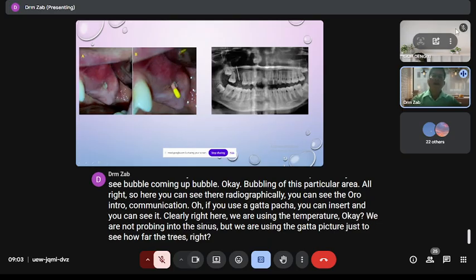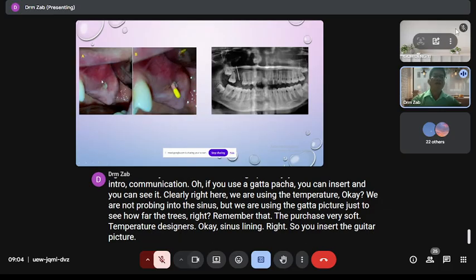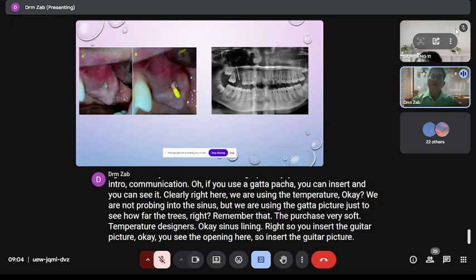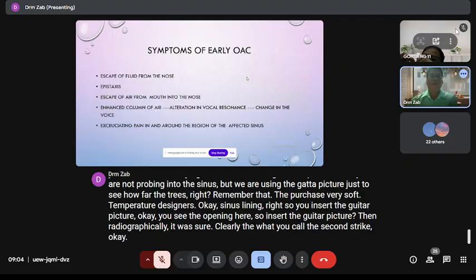Remember, gutta percha is very soft. Soft gutta percha won't perforate the sinus lining. So you insert the gutta percha in the opening, and radiographically it will show the sinus tract clearly.